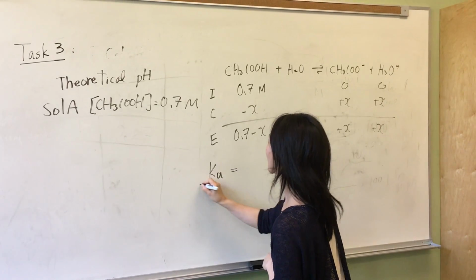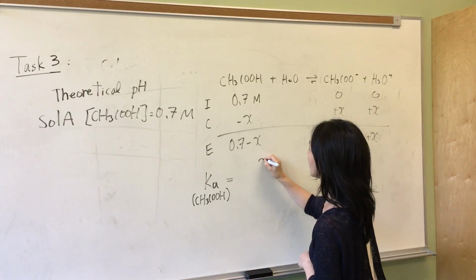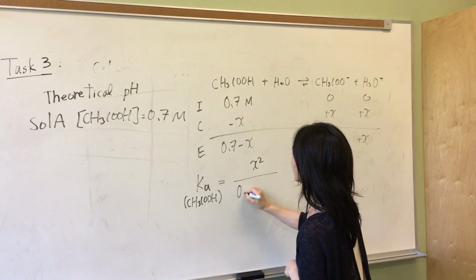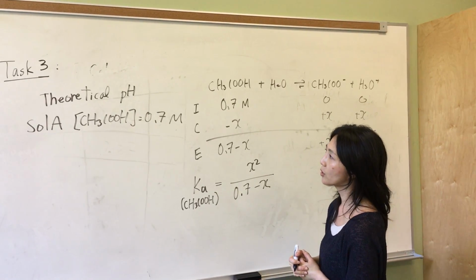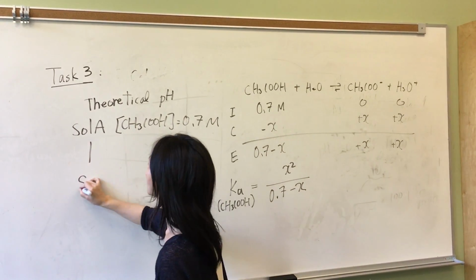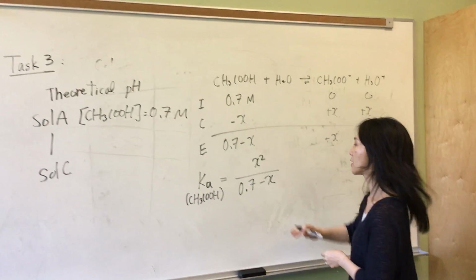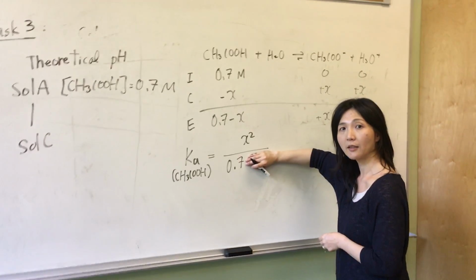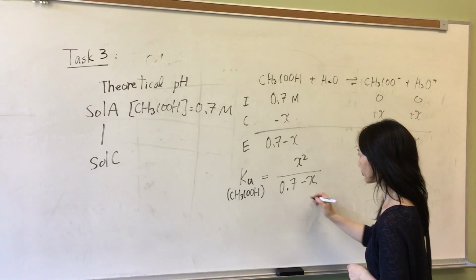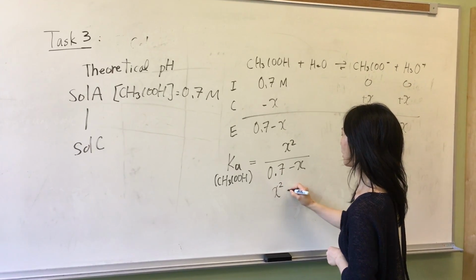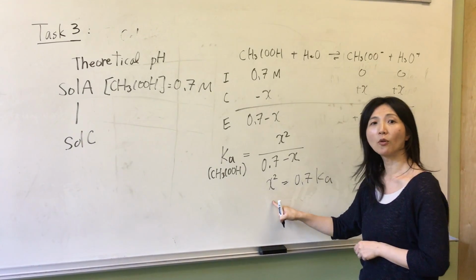This one is for the acetic acid. That's equal to x squared over 0.7 minus x. Okay? For solutions A through C, you can use the simple version, where you can ignore this x, and then calculate the x.